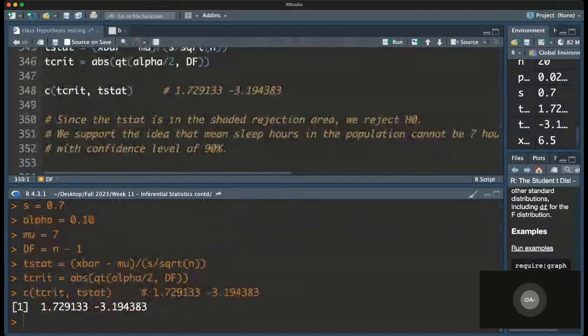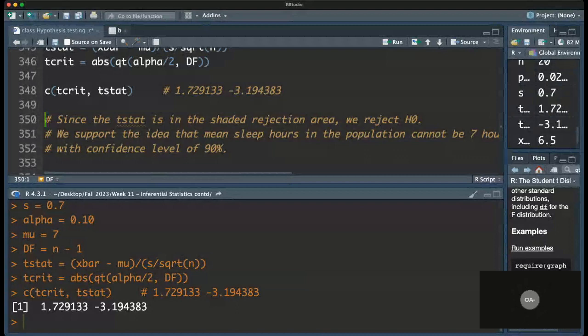So our t-crit is 1.73 or 1.729133. So negative of that all the way to positive of that. And our t-stat, on the other hand, is negative 3.194383, which is outside of our range. So in another way, you can say it's within our rejection area.